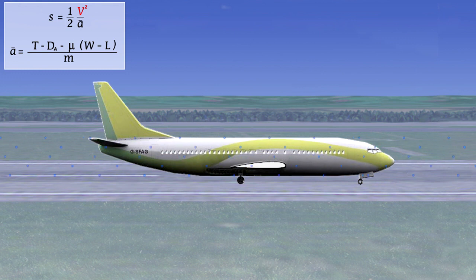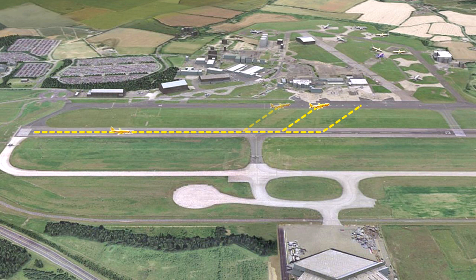Thus, to generate sufficient lift, the remaining mass must flow faster over the wing. This is achieved by accelerating the aeroplane to a higher speed. To gain this higher speed, the aeroplane will have to travel a greater distance. Therefore, with a reduction in density, the takeoff distance will increase.